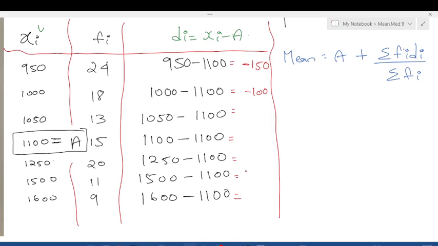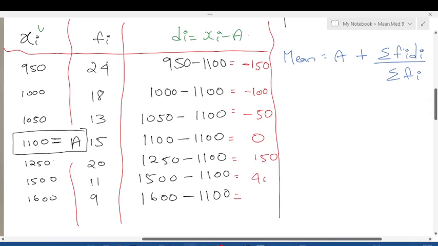Are the students done? I will calculate it. What's the answer? 1050 minus 1100 is? Plus 150. Next. Got the answer?